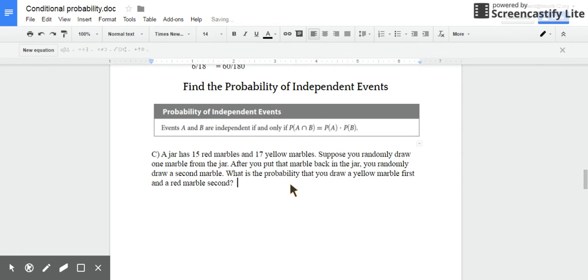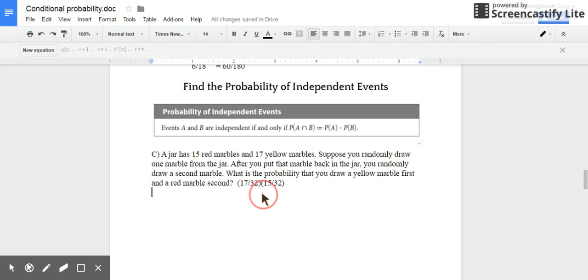Well, what is the probability of drawing that yellow marble? You have 17 out of 32 total marbles, and you are going to multiply that by the probability of drawing a red marble, with the first marble back in the jar. That would be 15 out of 32.